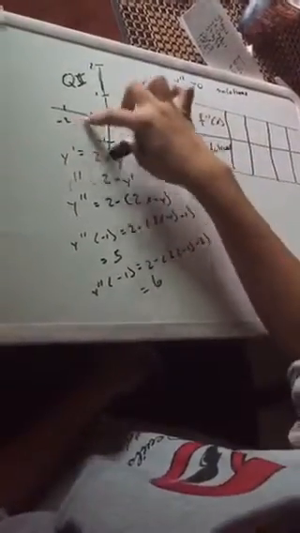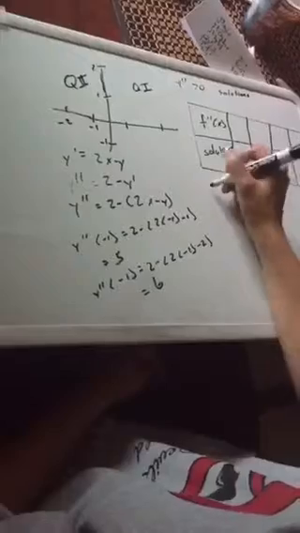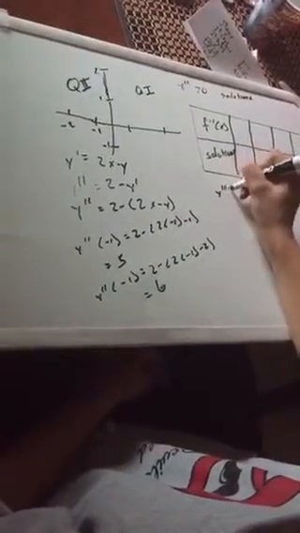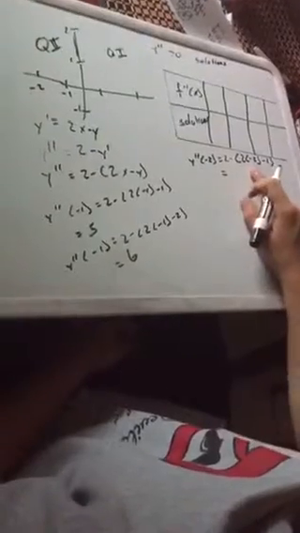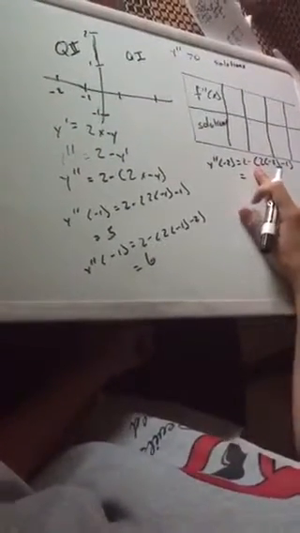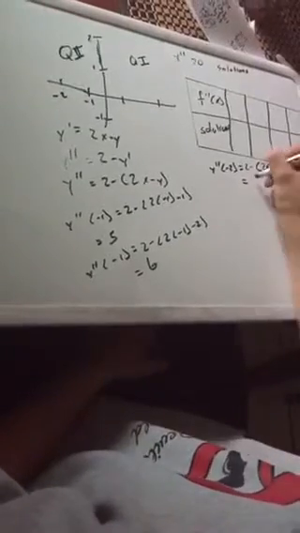Now you plug in -2 and 1. You get 2 minus (2 times -2 minus 1). -4 minus 1 is -5, and with the negative sign it's positive, so 2 plus 5 is 7.